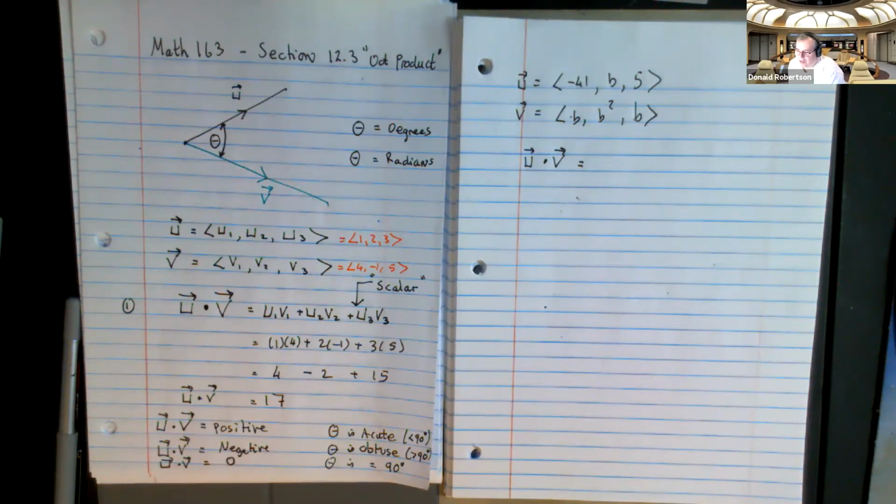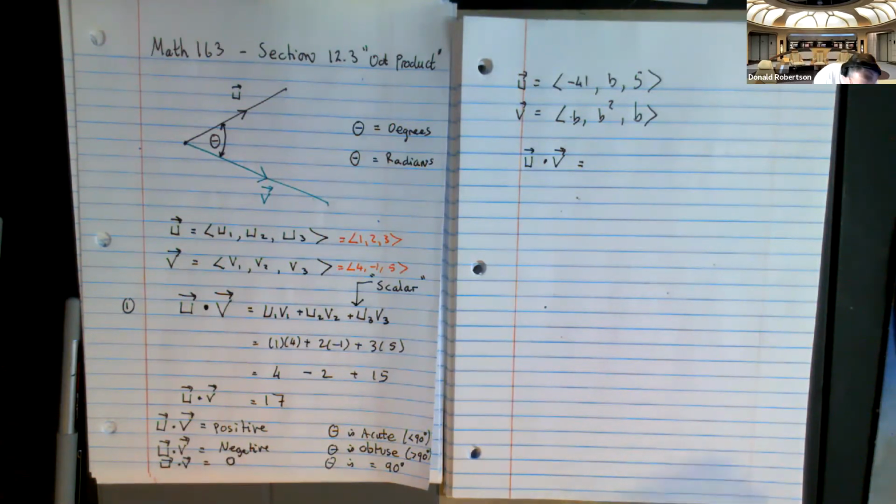Now, as long as I apply the formula, I'll get an answer. Would you agree that the chances are that this answer will not be a number like 42? Won't it be an expression with some b's and b squareds and who knows, right? That would be my gut feeling.